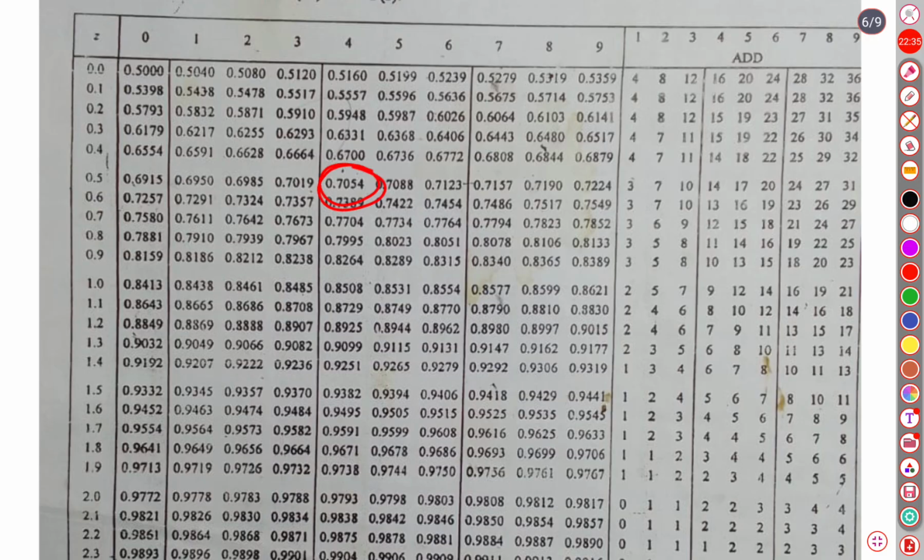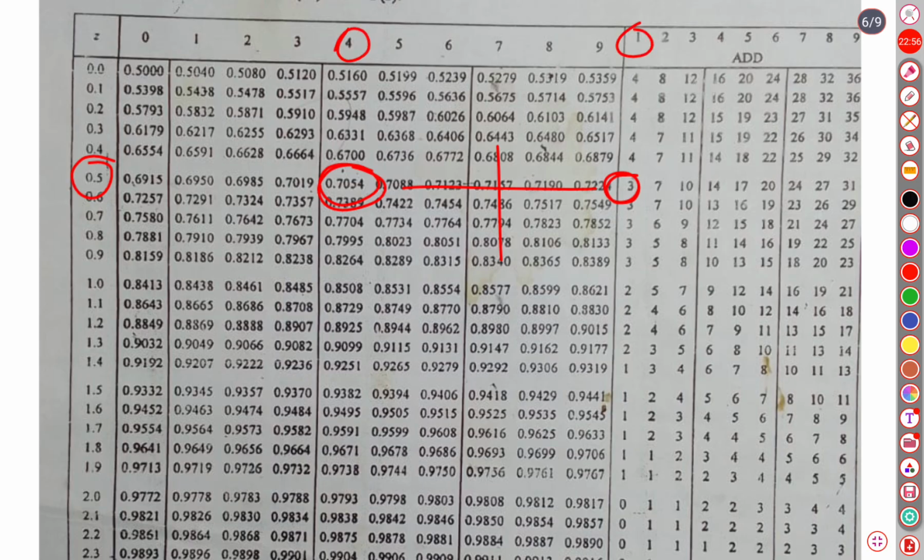So we require 0.7056. If we add up 2 is not available, but at least the closest value is this. So what is the column? First row is 0.5, then first column is 4 and second column is 1.